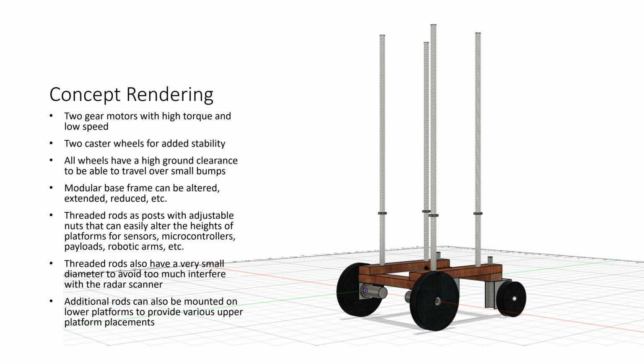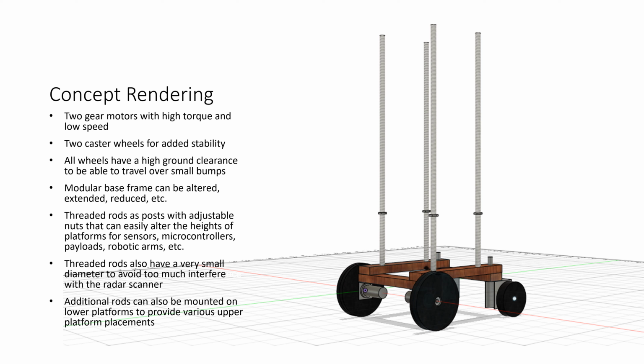I may even remove the frame and extend out the caster wheels farther back to add more stability. But for now, it's more compact because I want the robot to be able to have access to very small and narrow pathways. All wheels have a high ground clearance to be able to travel over small bumps.